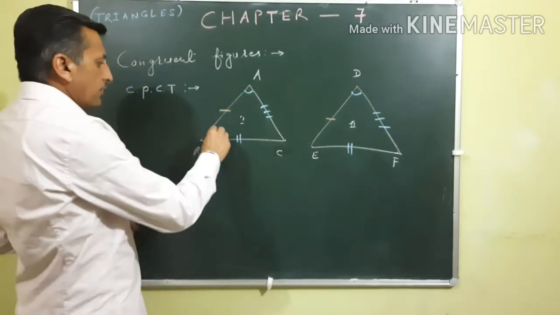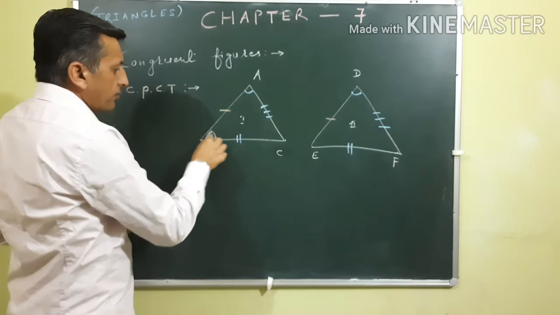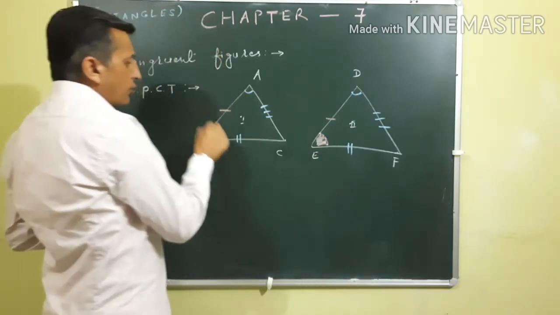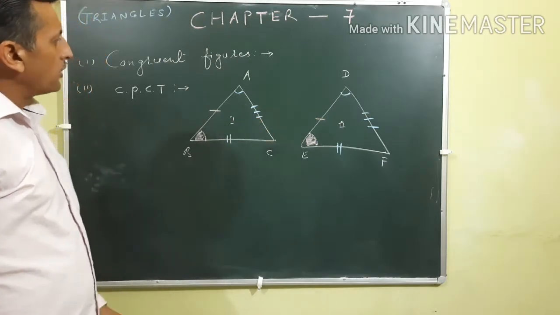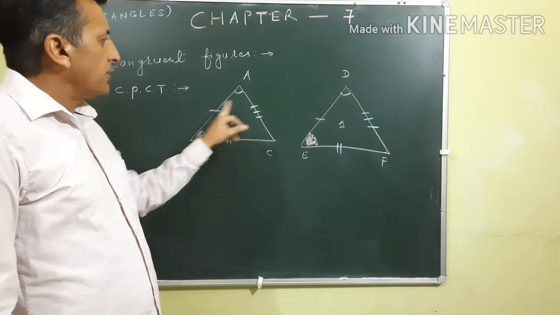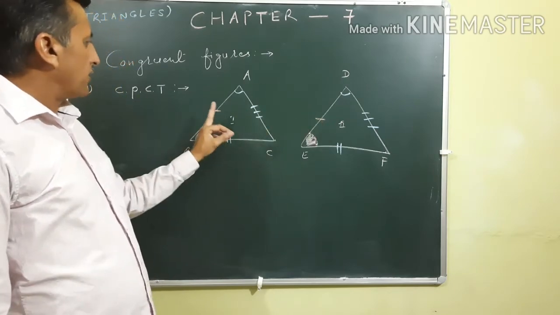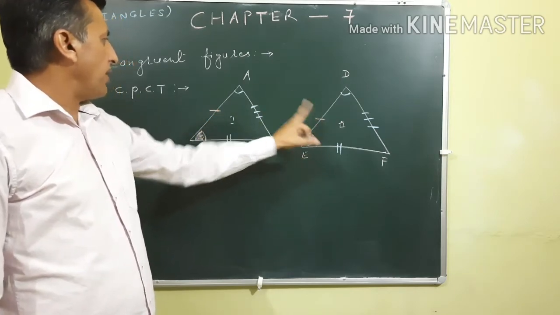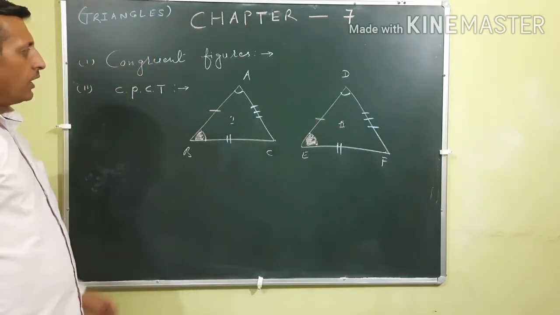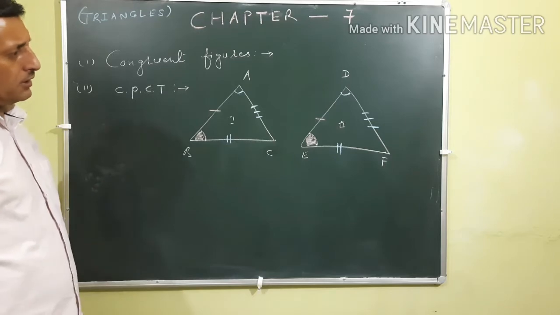Such figures are called congruent figures, and these parts are called corresponding parts. This angle and this angle are congruent parts, the corresponding parts of the congruent triangles.